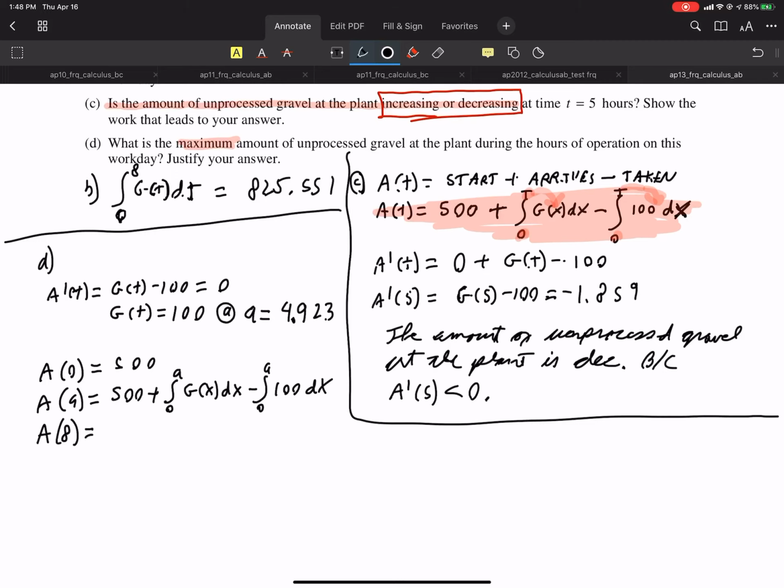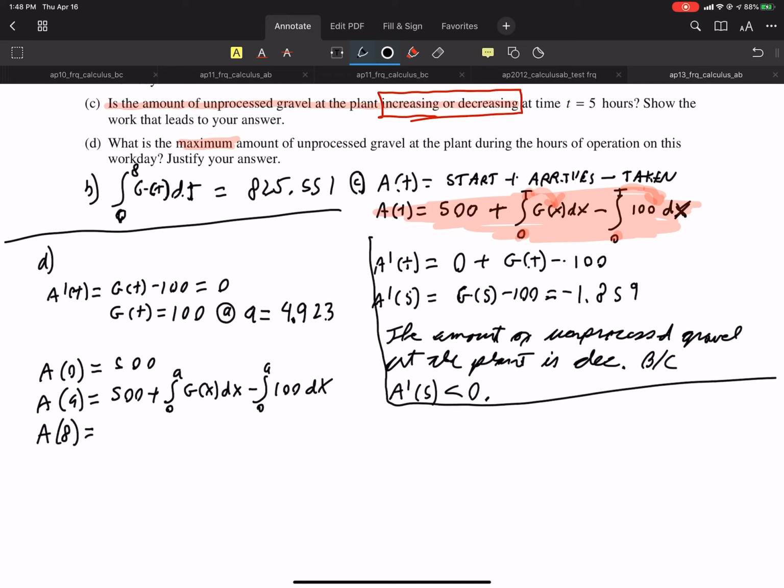Now just put that in your calculator. I'll do that real quickly. Actually, through the magic of having the answers in front of me, I'm just going to give you the answer to save us time. That comes out to be about 635.376. Now, to find the amount at 8, you don't have to retype that whole equation out.